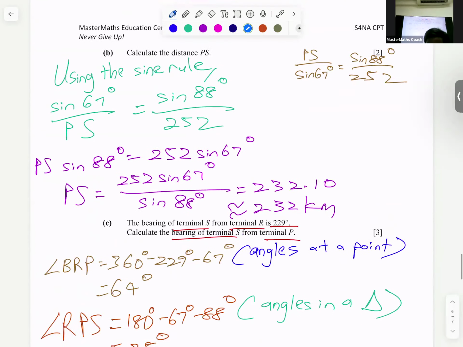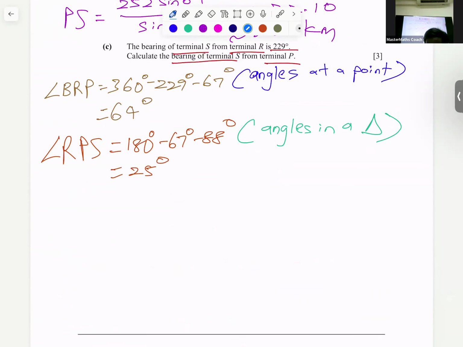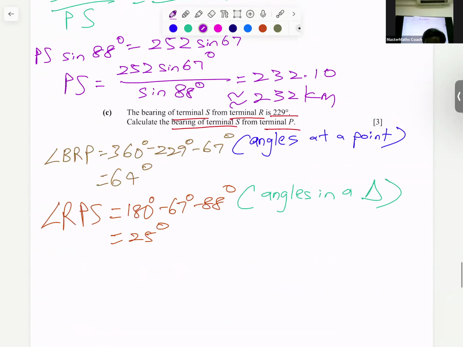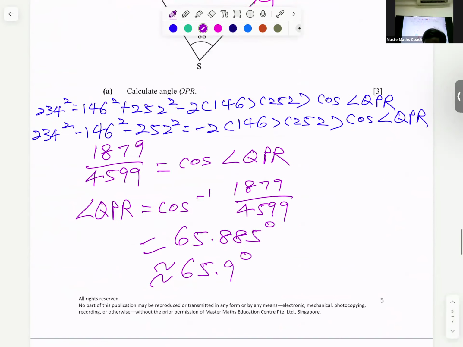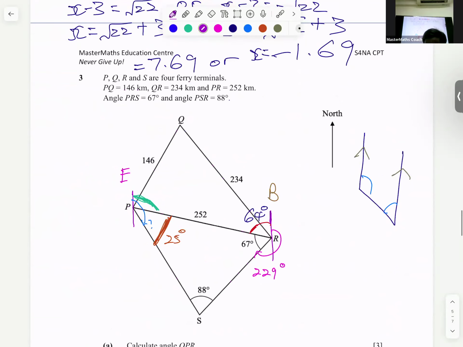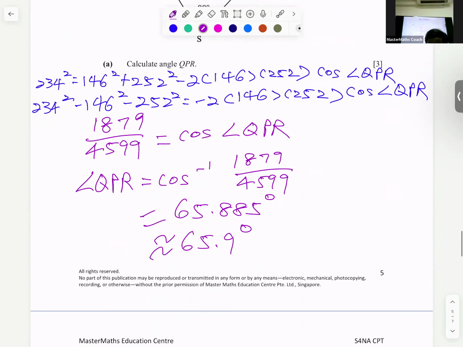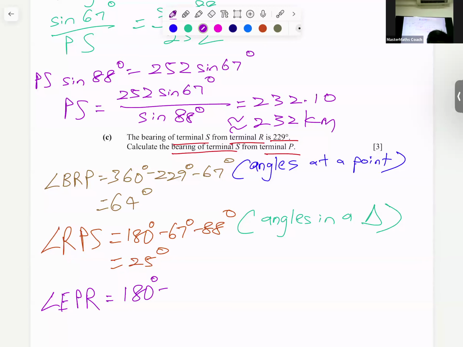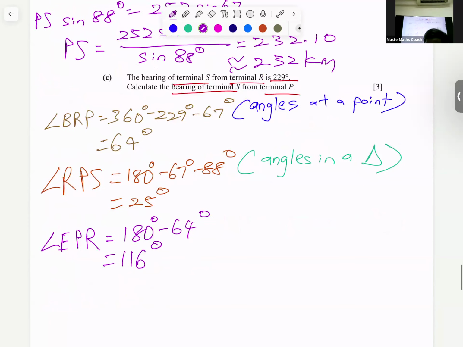So it will be, let's say, EPR. Angle EPR is 180 degrees minus 64 degrees, which is 116 degrees.